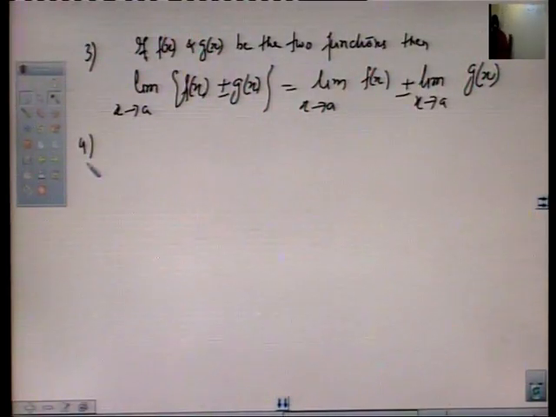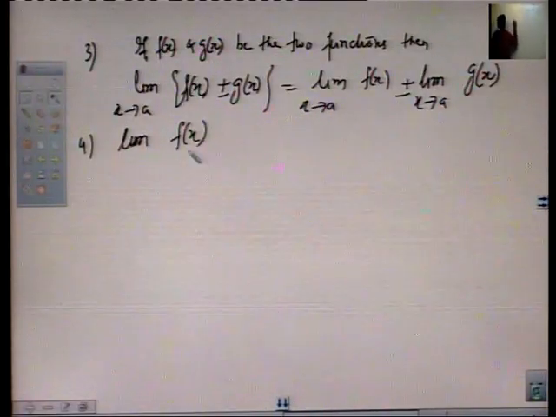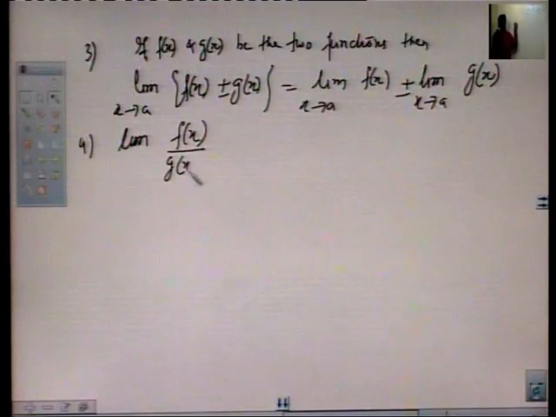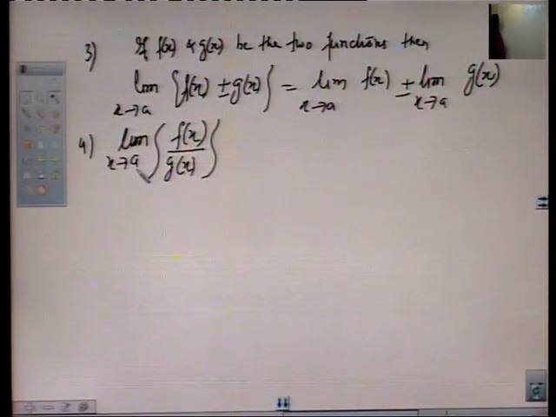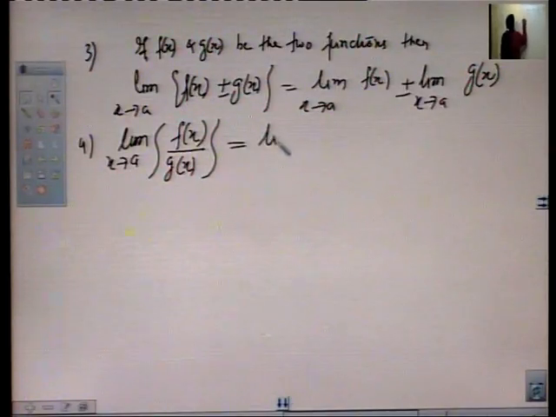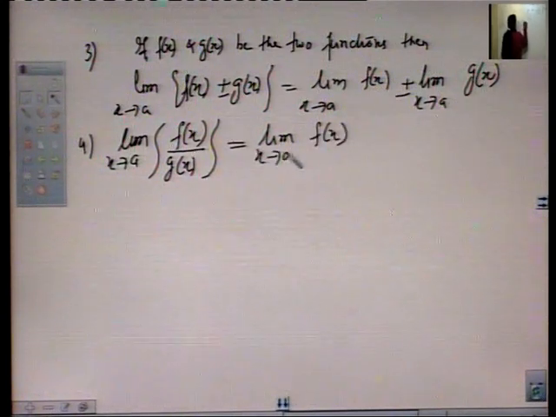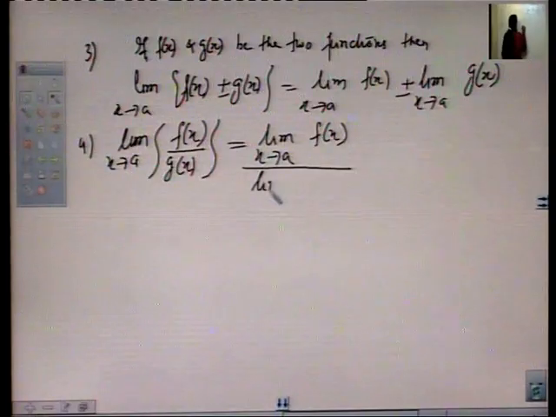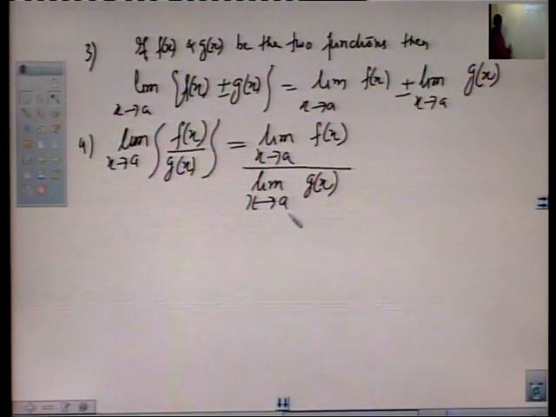Next is if the two functions are given in the quotient form, the limit as x approaches to a can be written as limit of f(x), x approaching to a upon limit of g(x) as x approaches to a.